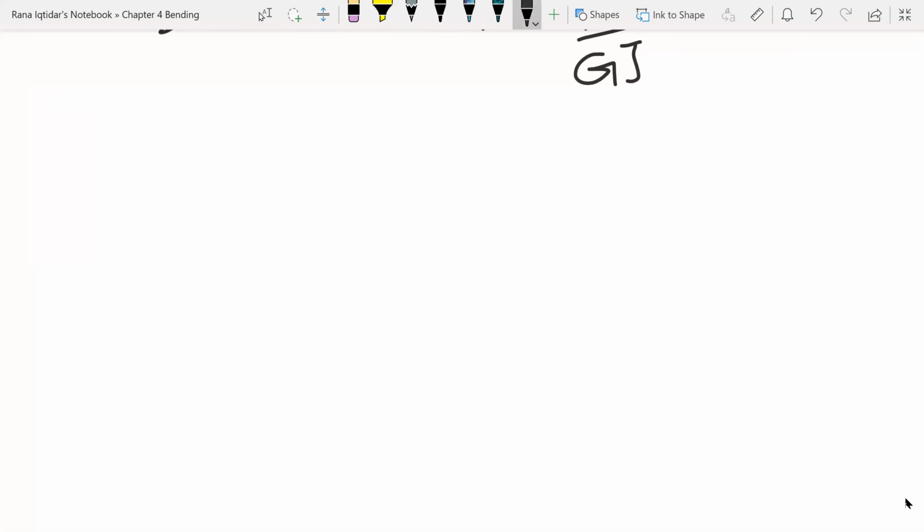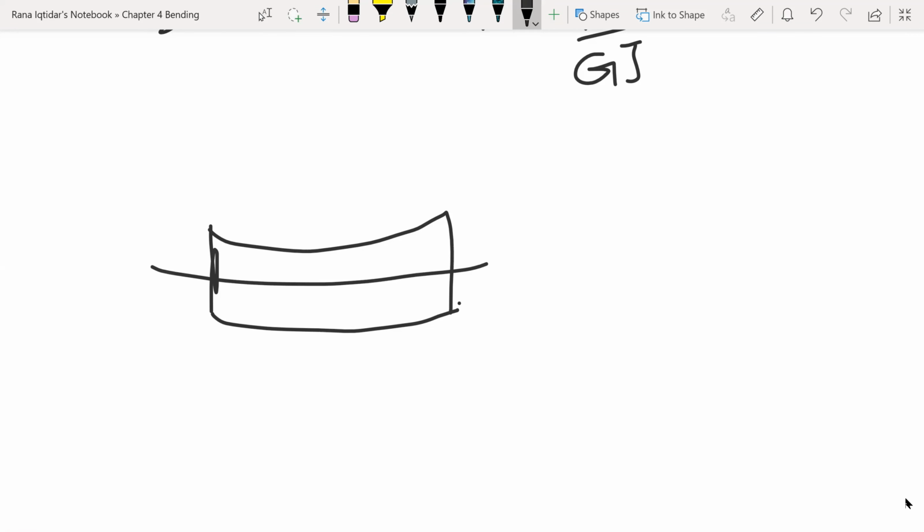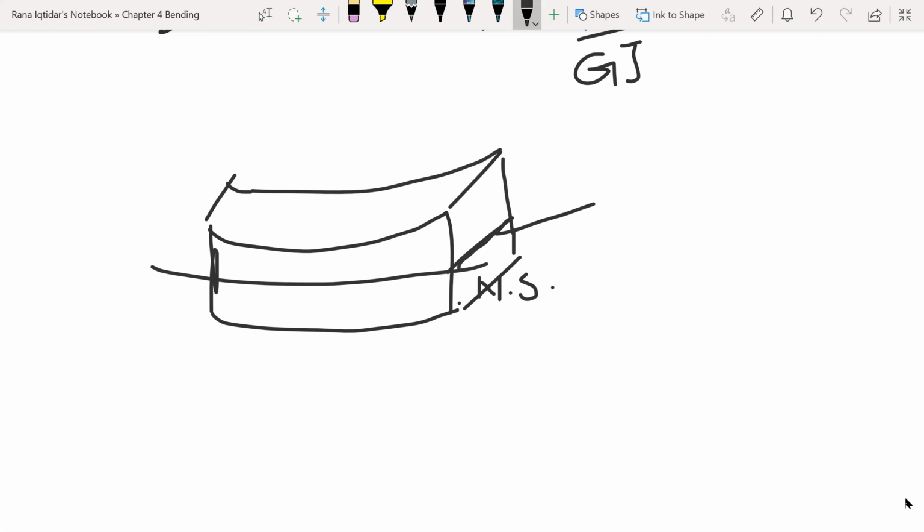Now this is basically the bent surface, right? And this is the y-axis, the neutral surface. If I take this cross section in this direction, this axis will be called the neutral axis.